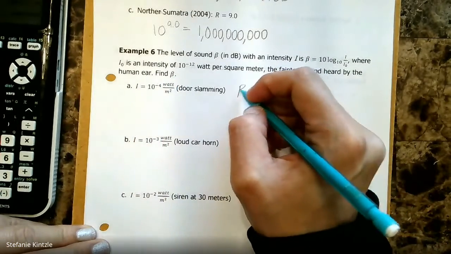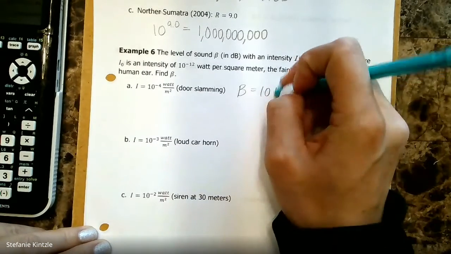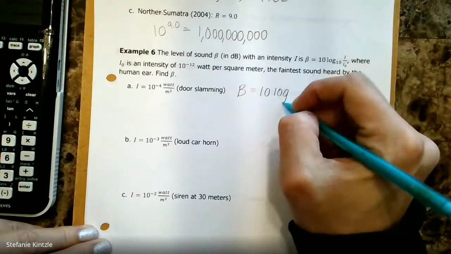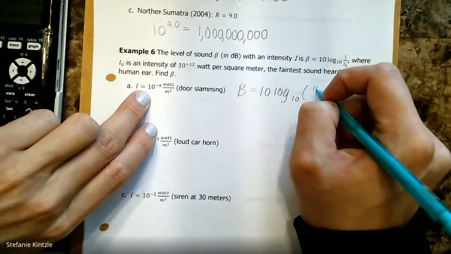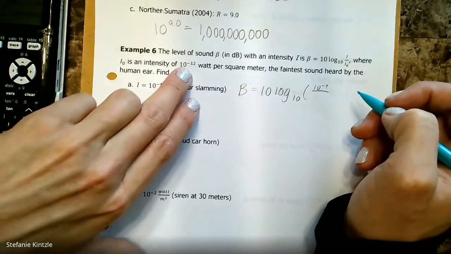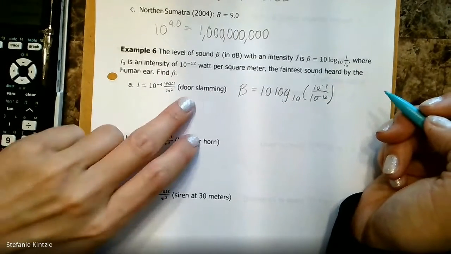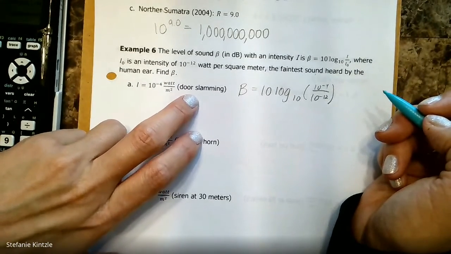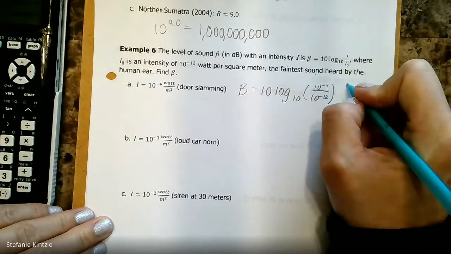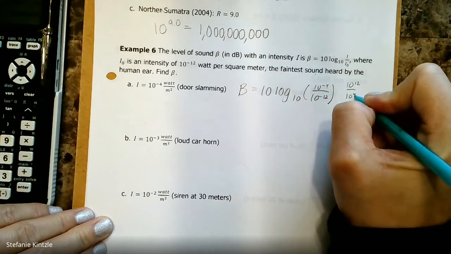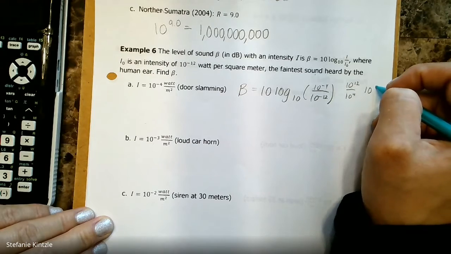So beta equals 10 log base 10. I is 10 to the negative 4th power in this example. And then I sub 0, they said, is 10 to the negative 12th power. And this is the intensity of a door slamming. So let's simplify this. That's really 10 to the positive 12th over 10 to the 4th power. So if you subtract those, we get 10 to the 8th power.